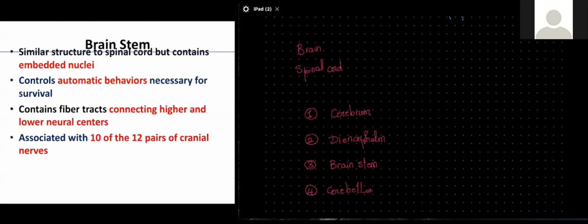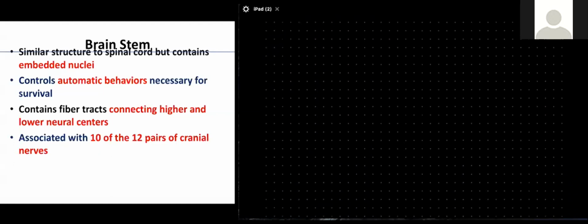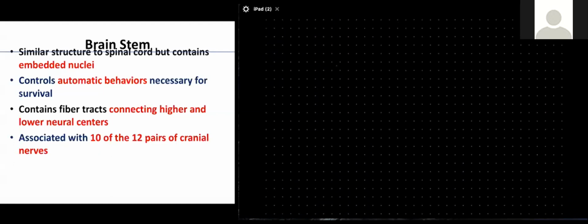Last class, if you remember, we did discuss the cerebrum and the diencephalon. If you remember, the cerebrum was formed of two cerebral hemispheres. Each of them has those ridges on their outer surface.